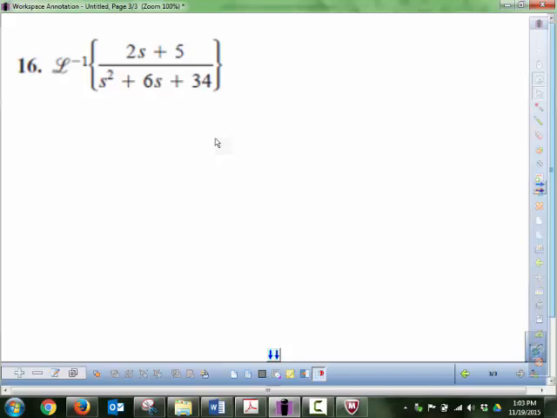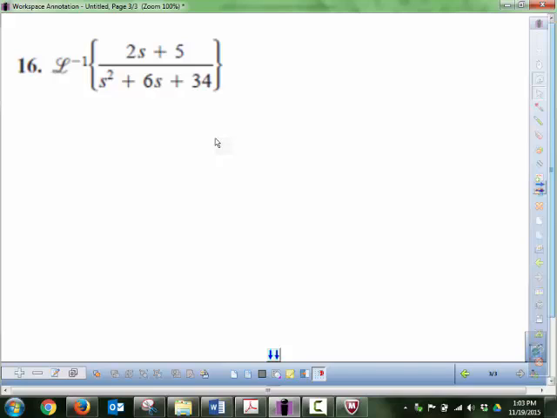All right. So we're looking at 2s plus 5 over s squared plus 6s plus 34. Since the bottom is a quadratic already, this will most likely involve a sine and a cosine.